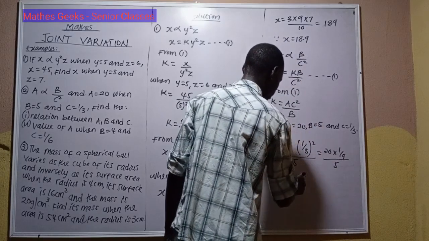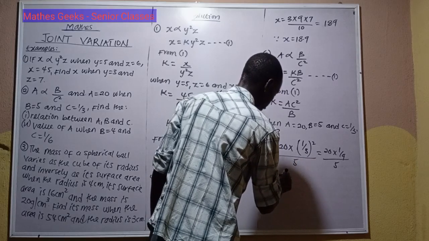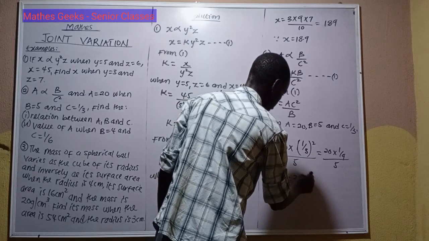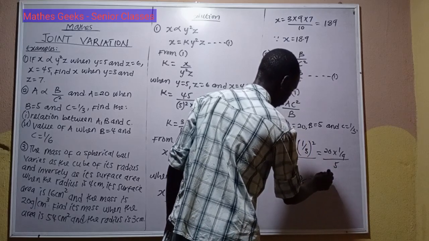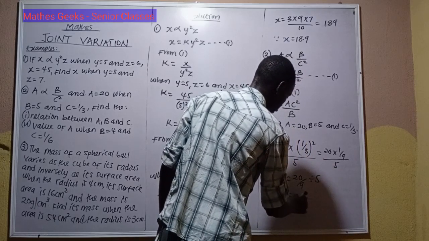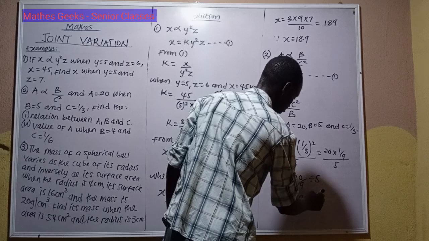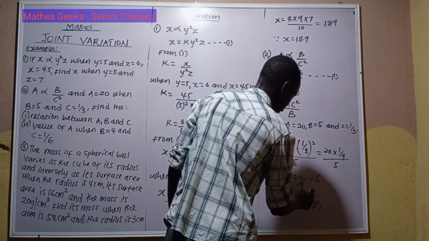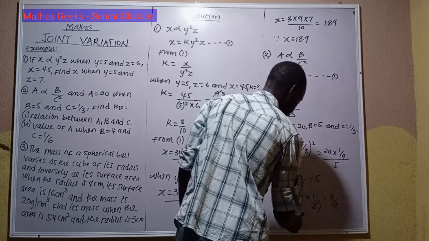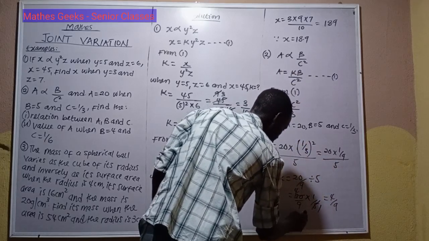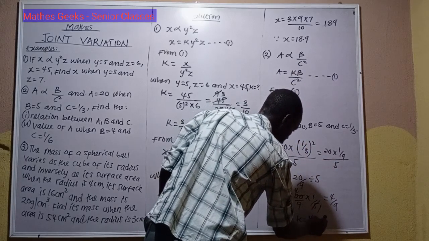So q is equal to 20 over 4 divided by 5, which is 20 over 4 times 1 over 5. That's 4 over 9. Therefore, q is equal to 4 over 9.